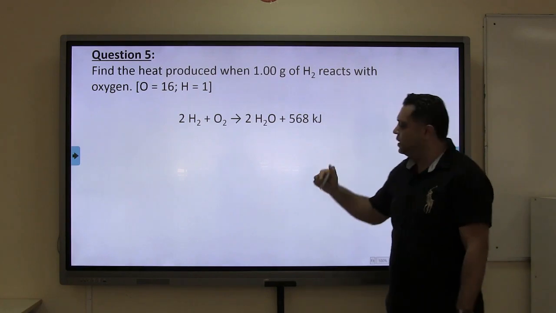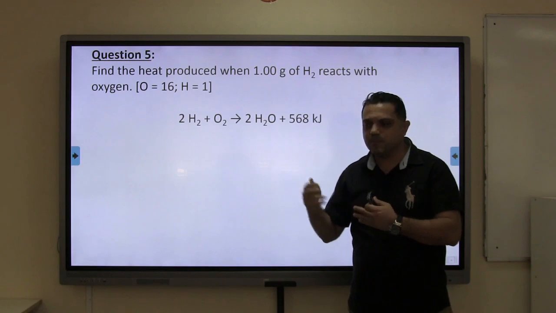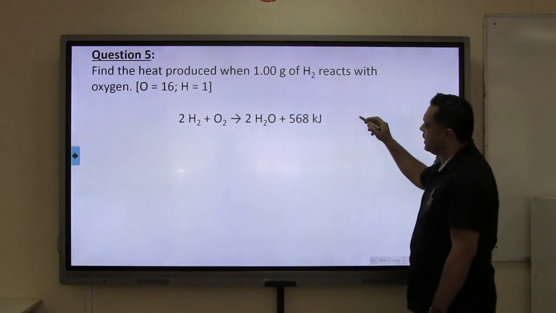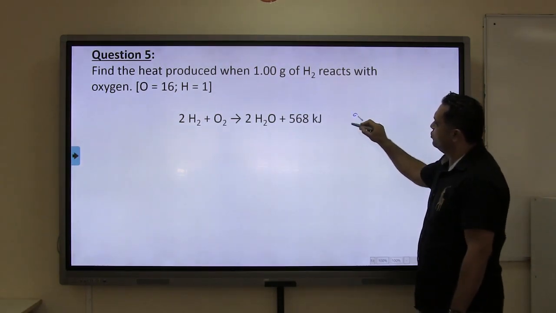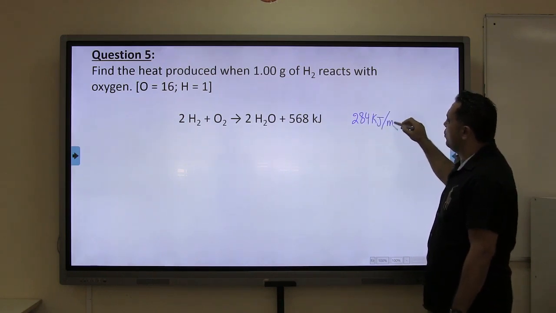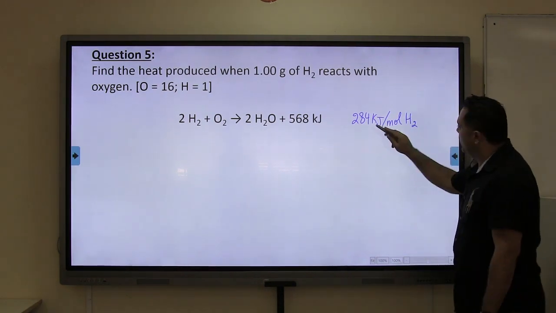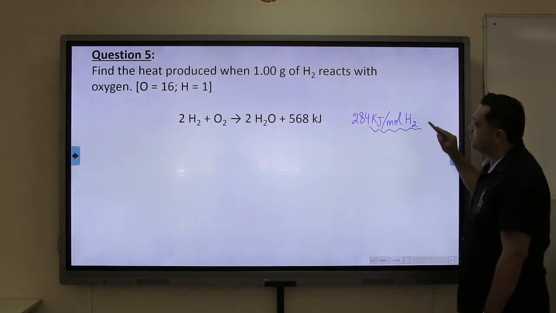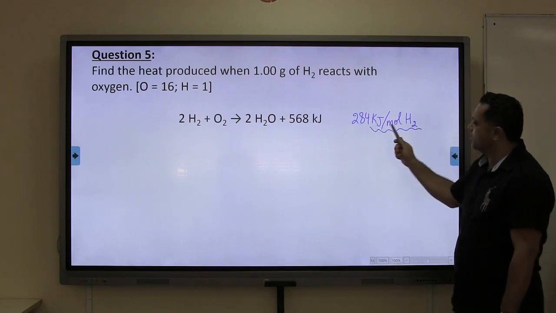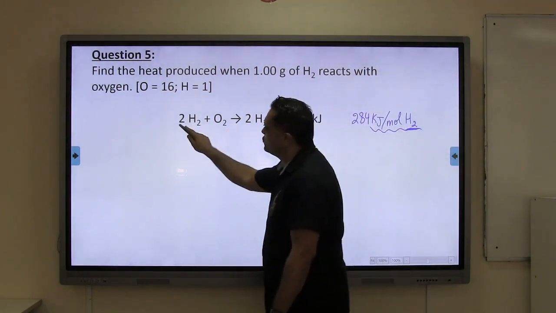Sometimes this amount of energy is not given in the reaction. It's given as per mole. For example, they can tell you that it's 284 kilojoules per mole hydrogen. So we need to pay attention to the unit, because here it's 284 kilojoules per mole hydrogen, and in my reaction I have 2 hydrogens.